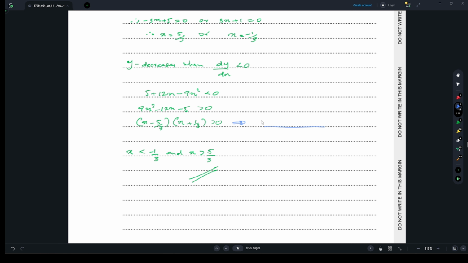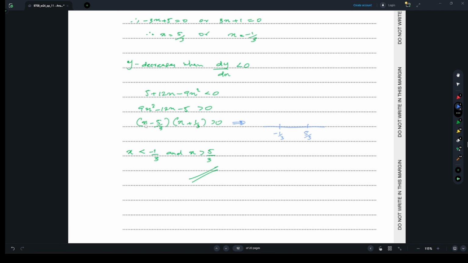So what you have to do, draw the number line, indicate two values. So minus 1 over 3 and here 5 over 3. And then we will check the regions. So here you have the multiplication of two brackets. So substitute a value which is less than minus 1 over 3. You can put, let's say, minus 5.